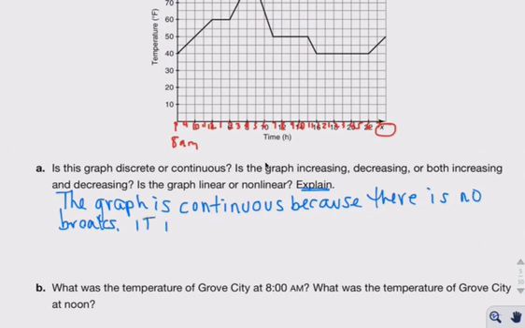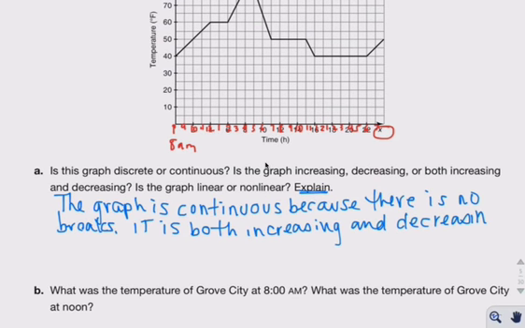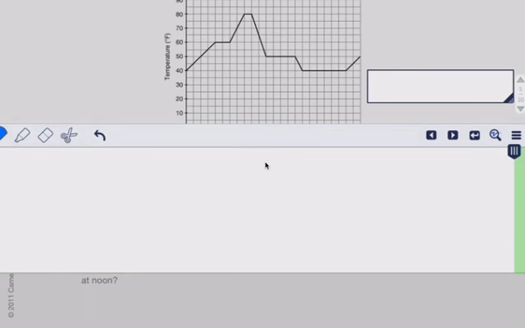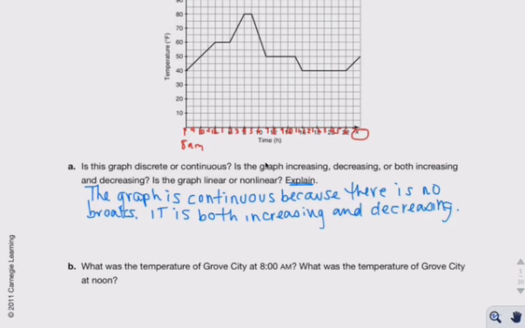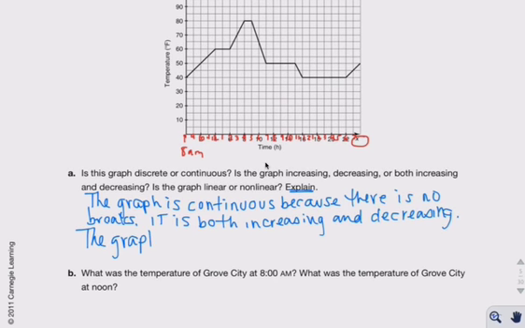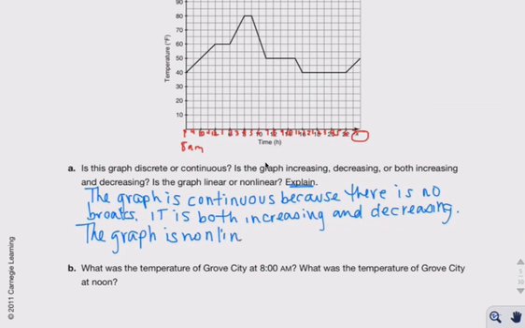It is both increasing and decreasing. The graph is non-linear because it's not a straight line.